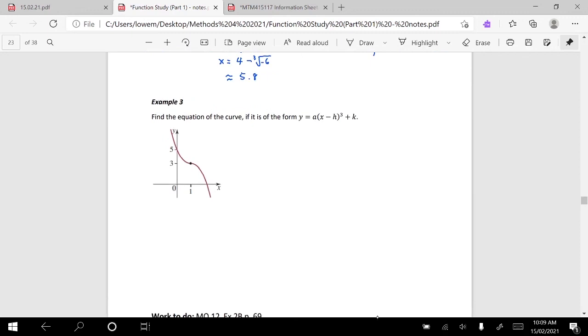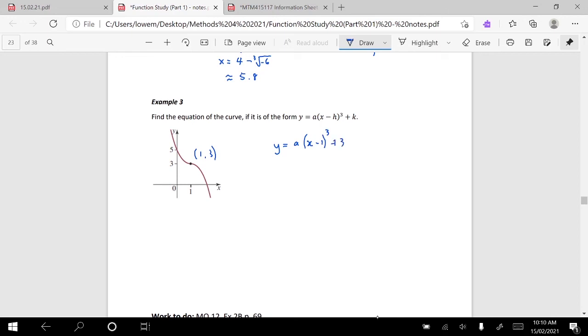And finally, in this example, where we're given the graph, we just need to find the actual rule in our form. So we can identify here our stationary point of inflection of 1, 3. So we can write straight away y equals a times x minus 1 cubed plus 3.